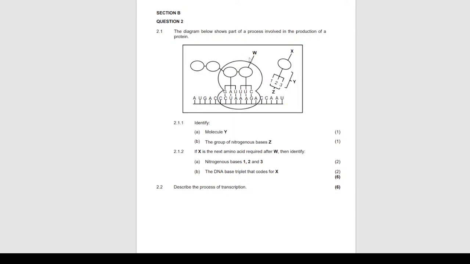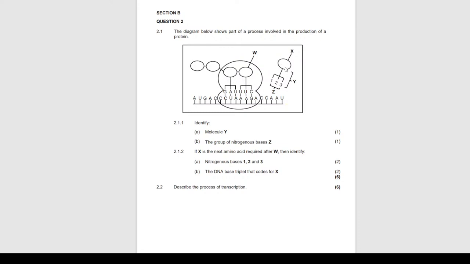What is W? I'm waiting for the answer. If this is a chain, W is a polypeptide chain, not a protein. I said that 50 and above amino acids form a protein. If it is short like this, it can't be a protein. It's a polypeptide chain.